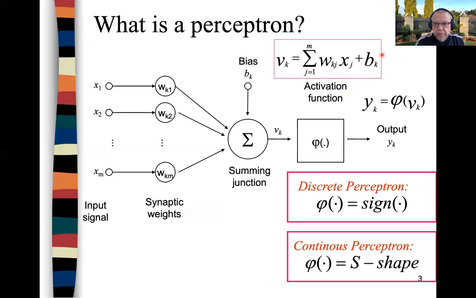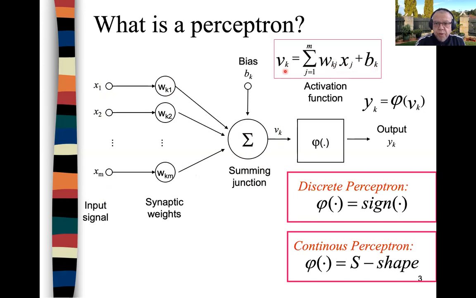As you recall, it's a kind of node, just a neuron, and it has an input pattern, x1 till xm here, with the corresponding weights. So you have a summing junction here, which gives you the activation vk, given by this formula: the sum of wkj xj plus bk.